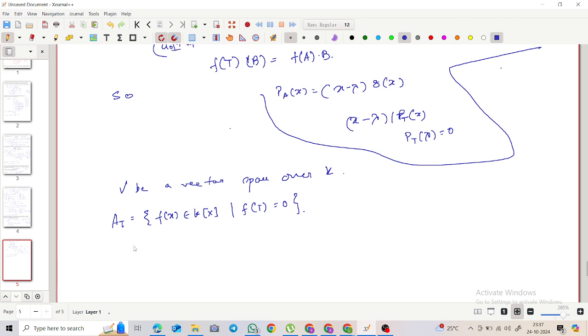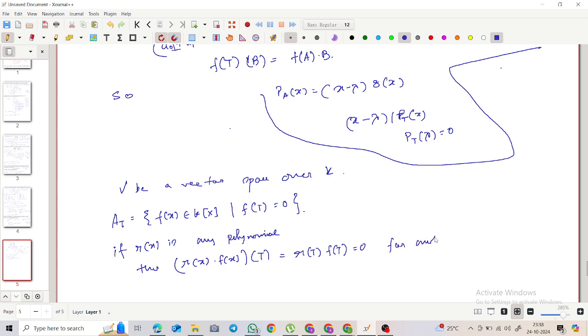So you can check that this is an ideal actually. Okay. Because if R(x) is any polynomial, then R(x) into f(x) evaluated at T is nothing but R(T) into f(T), which is 0, for any f belonging to A(T).